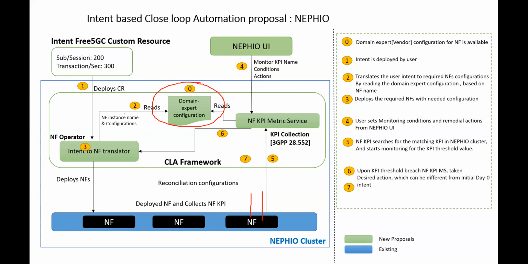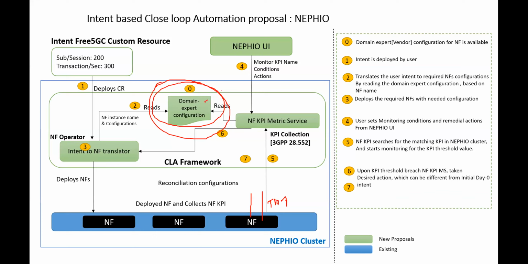I don't know whether it belongs to intent-based automation, but it will boil down to the point that we are discussing, something like domain expert configurations. So this is what we had in mind: let's say NF gives us the throughput, for one example.